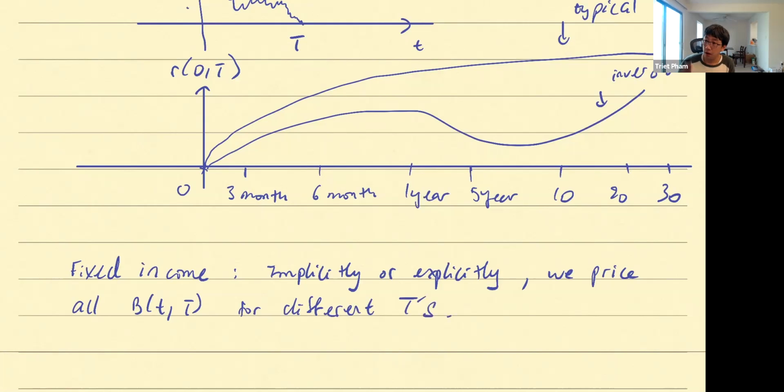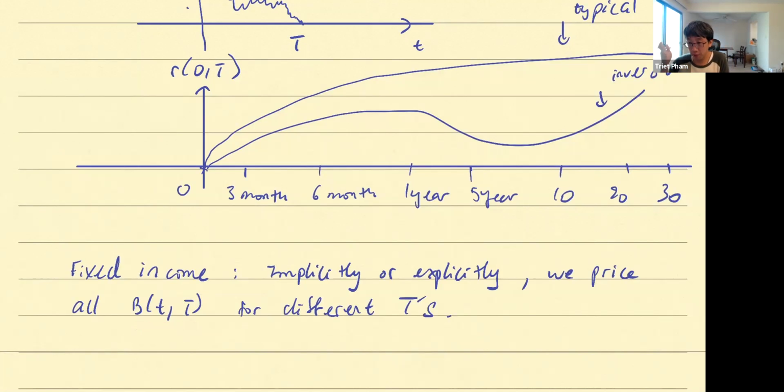Again, that's not a phenomenon that happens with option pricing. With option pricing, you have a fixed big T and that's it. There's another fixed big T you look at later. But when you look at bond prices, you price all these bonds in some way simultaneously.